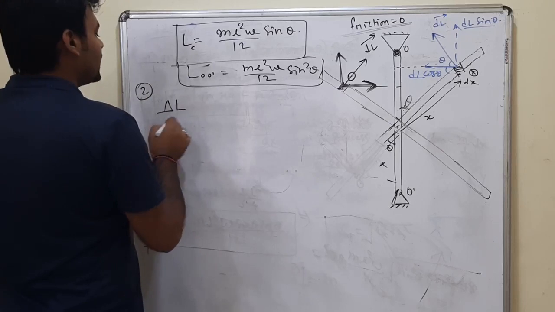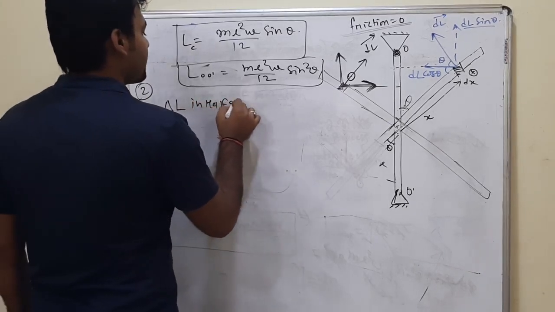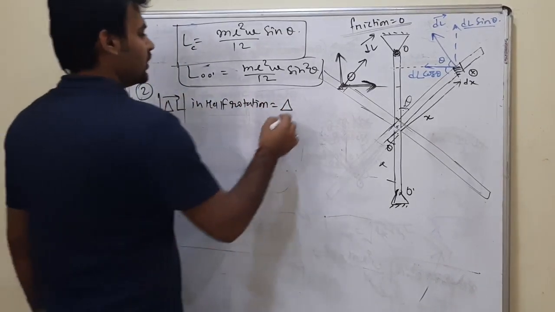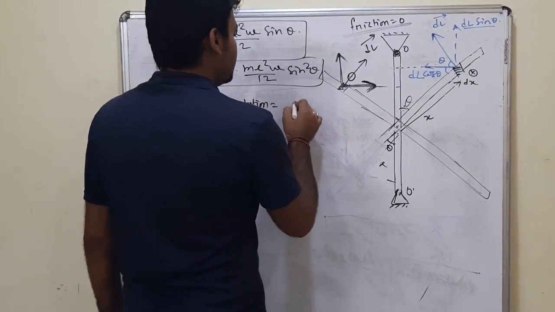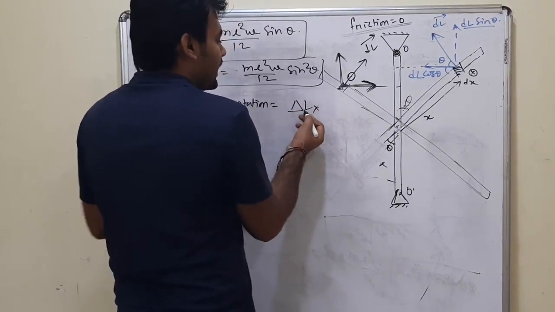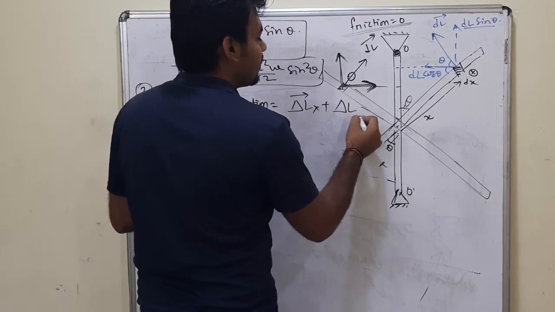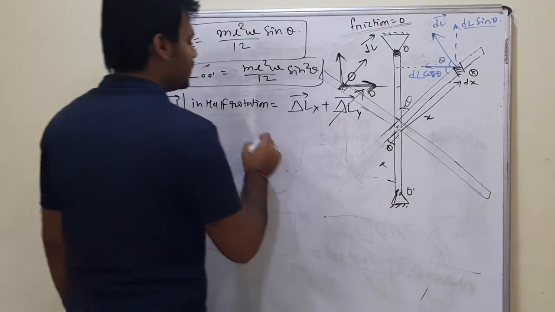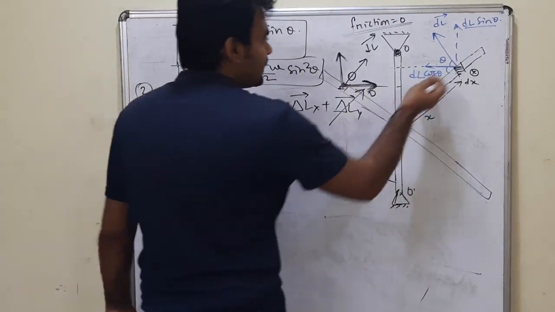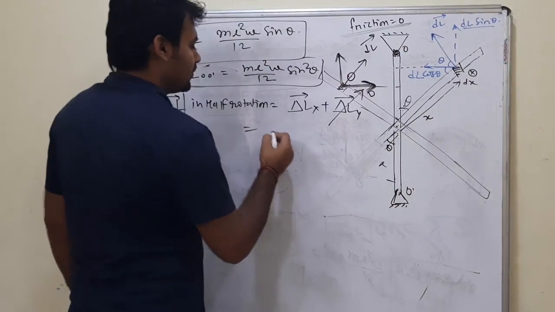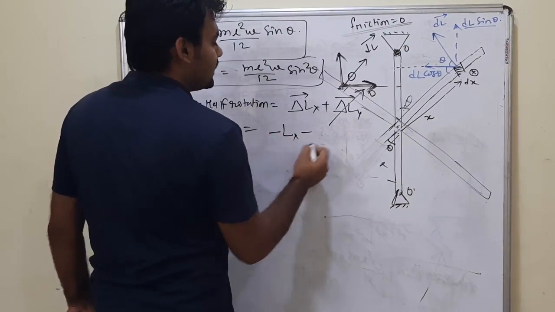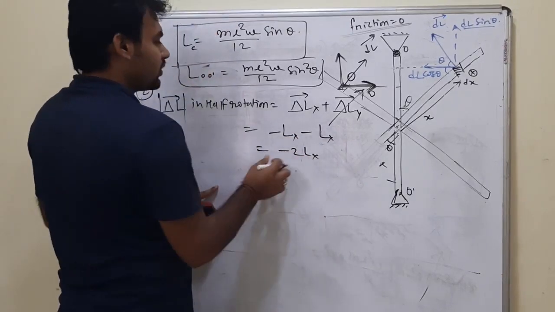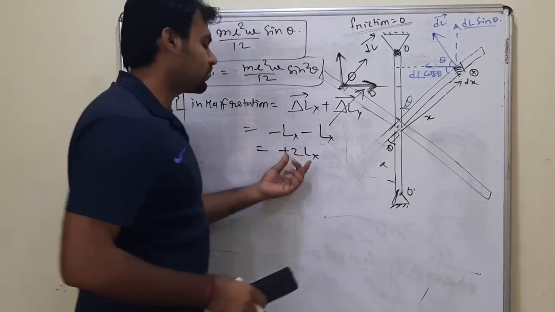The change in angular momentum in half rotation, we have to find the modulus. It will be the change in angular momentum along the x direction or the change in angular momentum along the y direction. But we can see there is no change along the y direction, so this term will be 0. And for this term, if you consider this to be positive x, this will be negative x, so it will be minus Lx minus Lx, that is minus 2 times Lx, and we have to take the modulus only, so you take the positive sign.